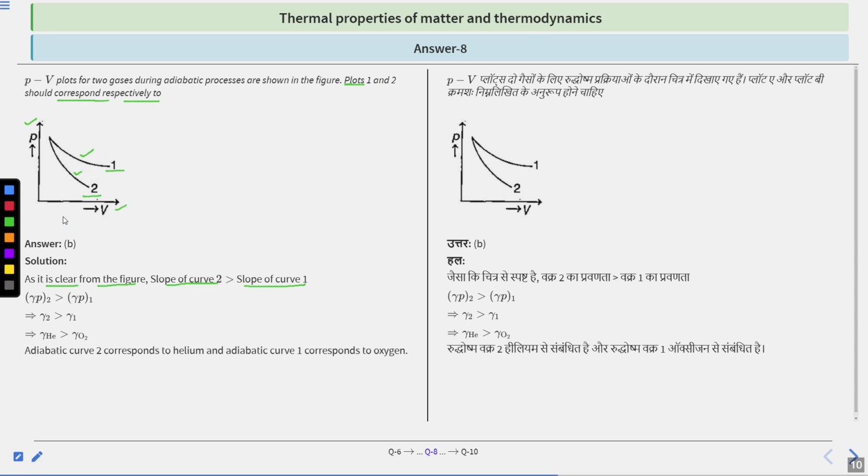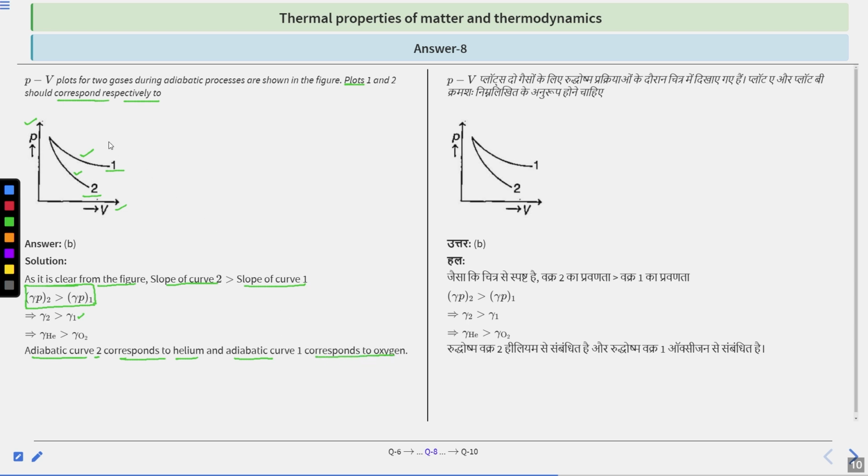From the curve, the relation should be this one. Clear? So gamma for the second curve is greater than gamma for the first curve. Gamma for helium is greater than gamma for oxygen gas. So adiabatic curve second corresponds to helium and adiabatic curve first corresponds to oxygen.